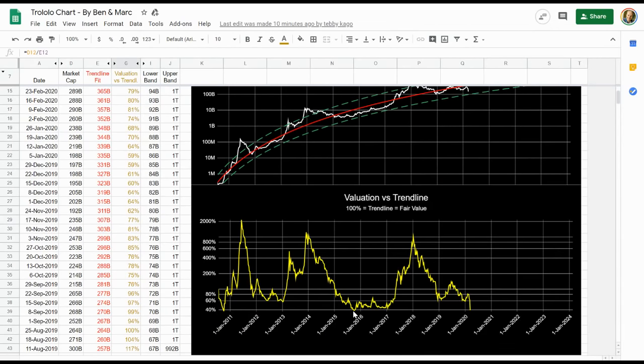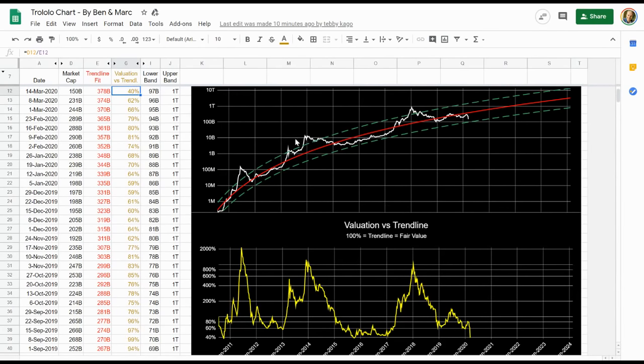These levels were only reached once in the previous cycle: the 2013 bull, 2014 bear, and then the 2015-16 bull. Undervaluation goes up over time in this period, and here it went the highest after a sideways movement.